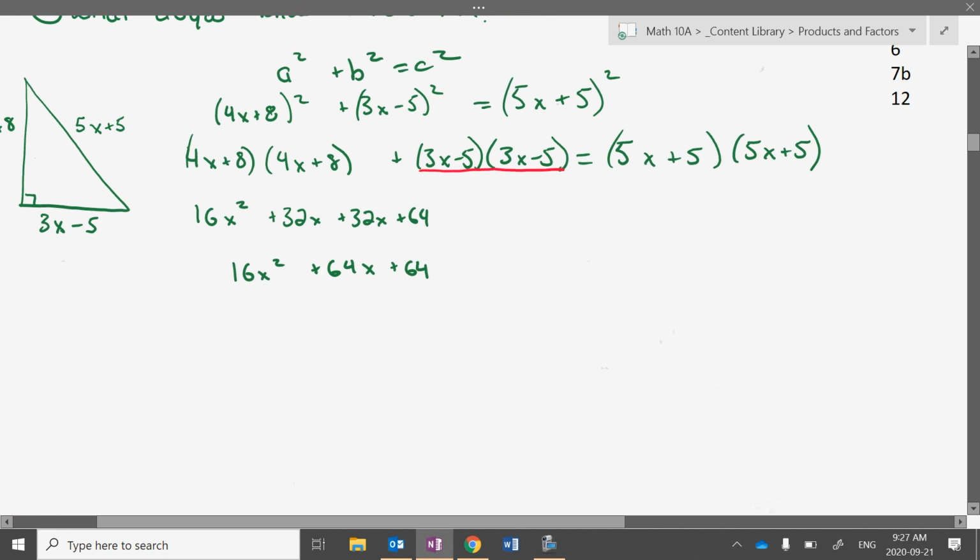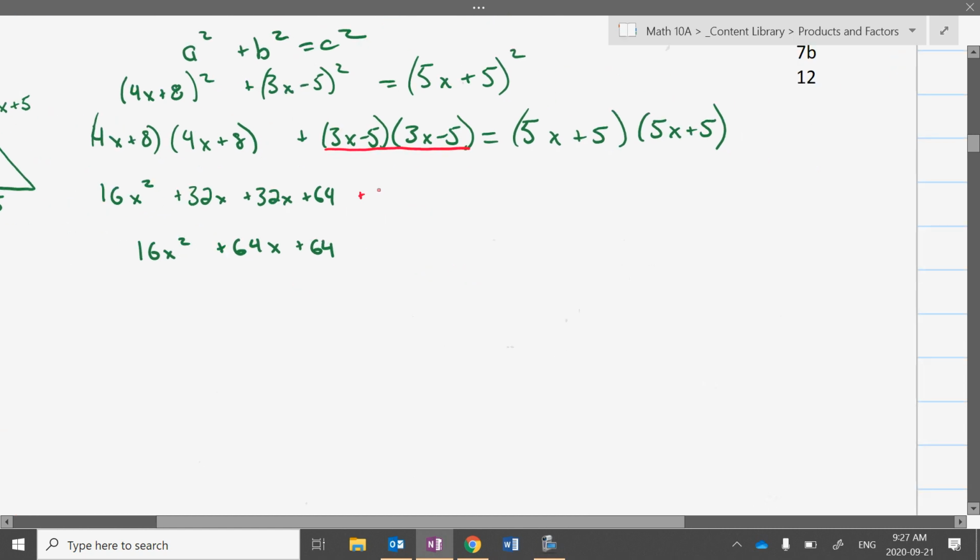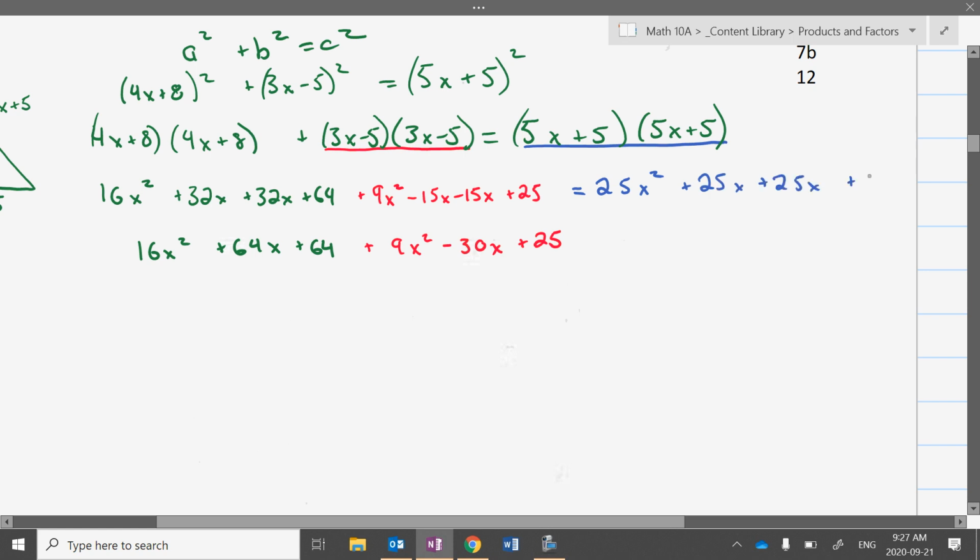When I multiply out this next one, I get plus 9x squared, minus 15x, minus 15x, plus 25. When I clean that up, I get 9x squared minus 30x plus 25. All of that is going to be equal to 25x squared plus 25x plus 25x plus 25.